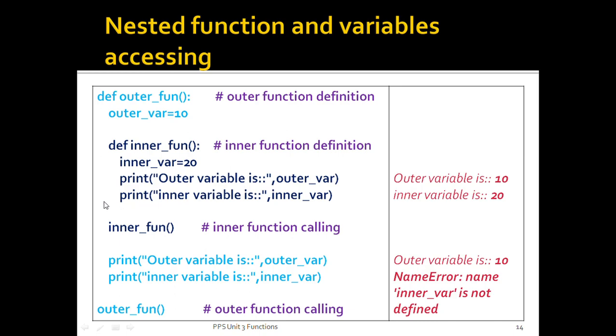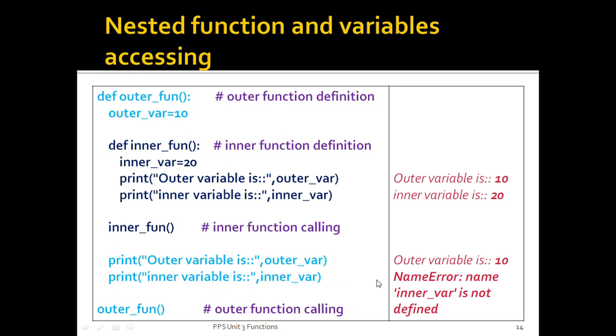But if you are accessing the variables defined in the outer function, what will happen? In this case, the outer variable's value is going to print, that is 10, as the outer variable is local to that function. But what will happen if you access the inner variable outside a function?